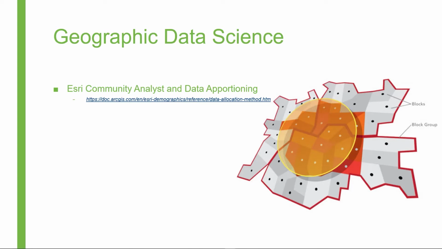The data apportionment algorithm used for these infographics essentially determines how much of each variable is appropriate to proportionally assign to a polygonal area, and then it redistributes the demographic, business, economic, and landscape variables accordingly.